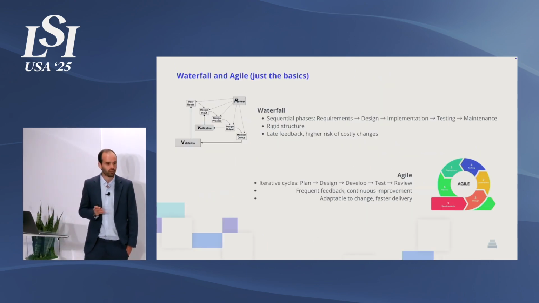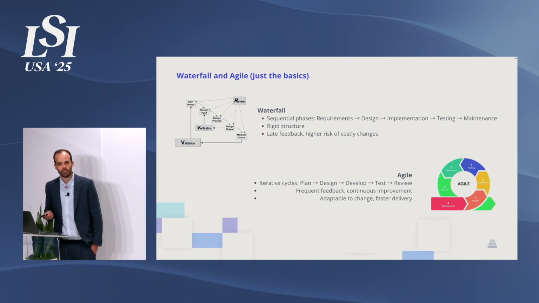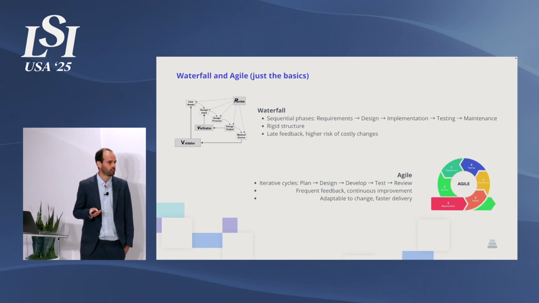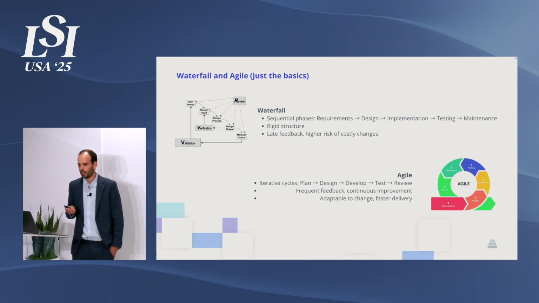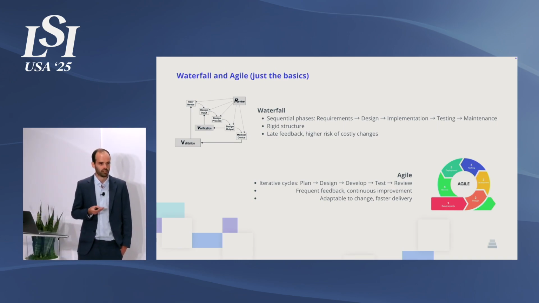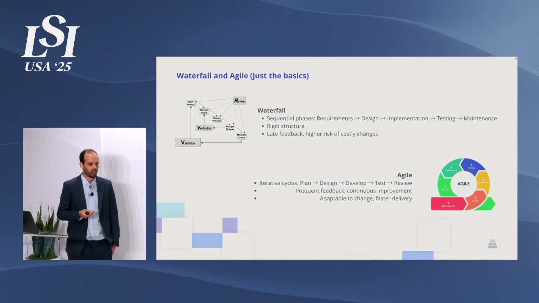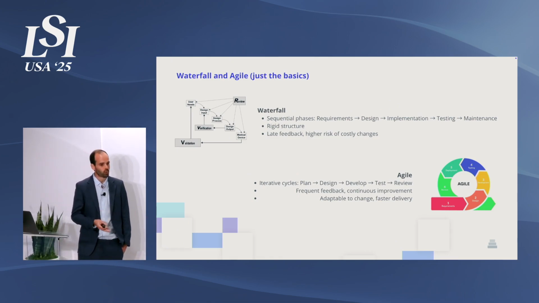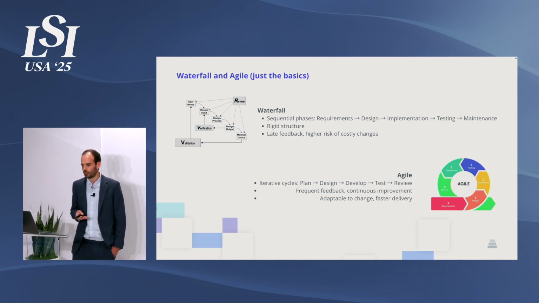So this is just going to be a basic introduction about waterfall and agile. This has been covered very extensively throughout the years, but just to give a quick intro, waterfall proposes sequential phases, and you need to complete each of them as you advance through software development.